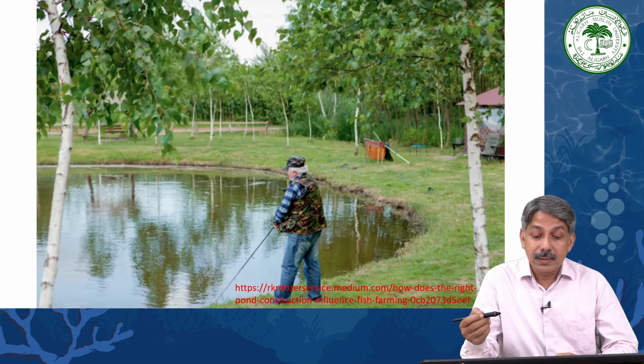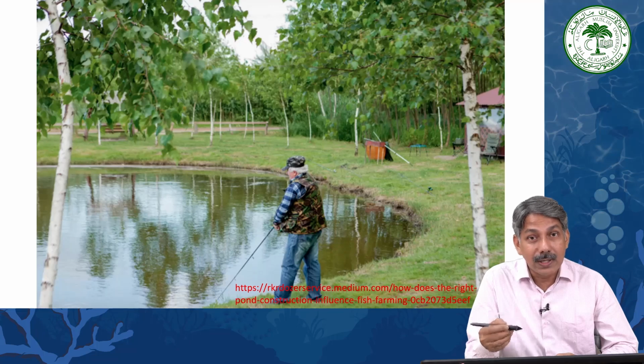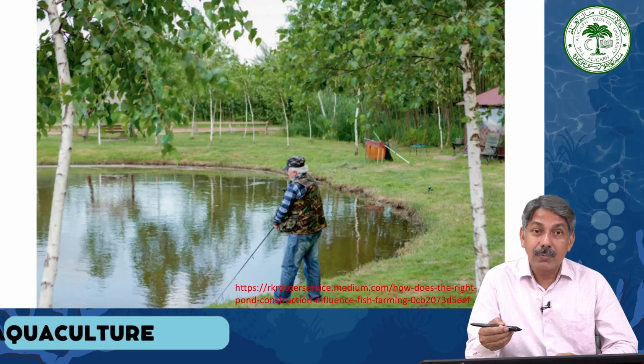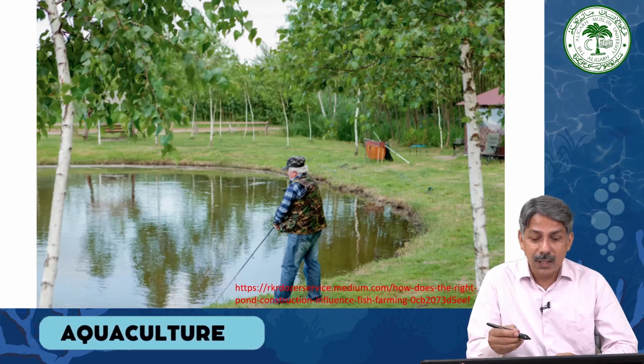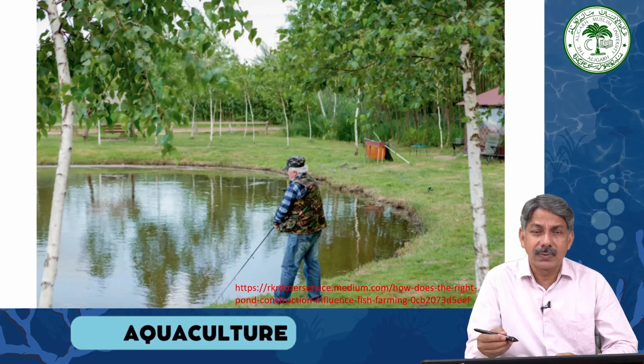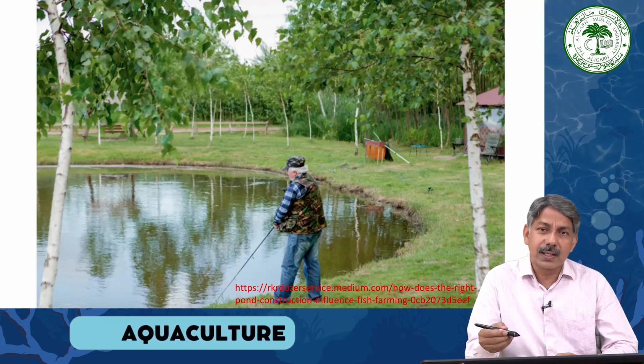But do not plant trees very early when the dikes are new, when the embankments are new. When the soil gets compacted after a certain time, when there are grasses and the soil is compact and the dike is very strong, then you go for plantation.